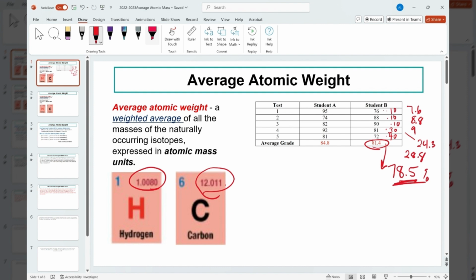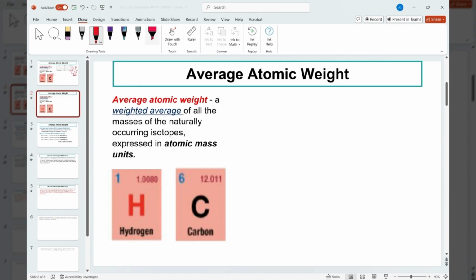So this is a great example of how our atomic weight is actually calculated. Again, I'll use carbon as an example. Carbon has 3 isotopes. We have carbon-12, carbon-13, and carbon-14.